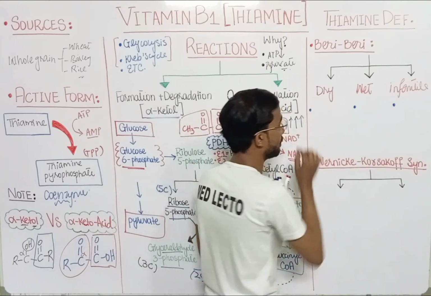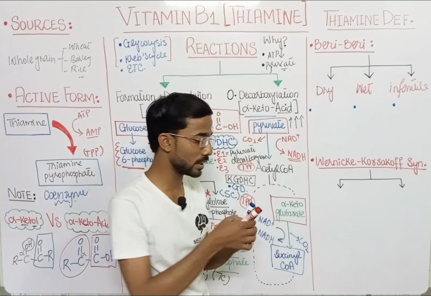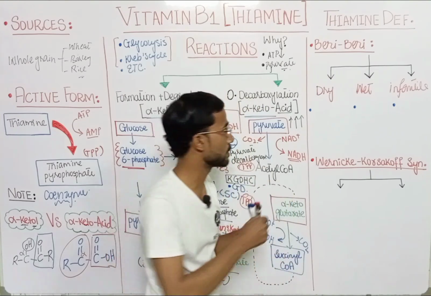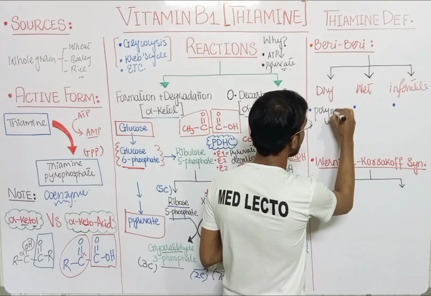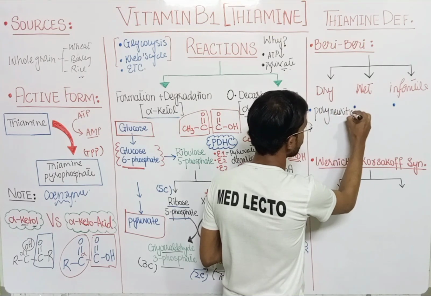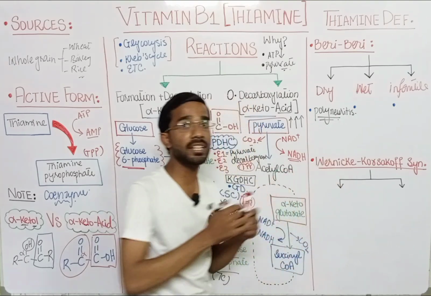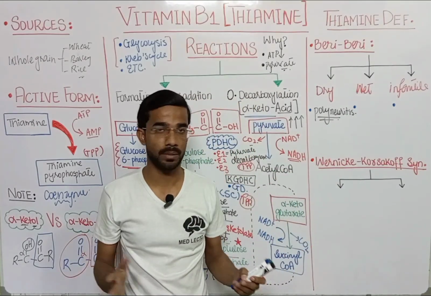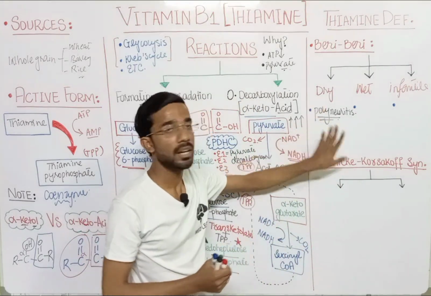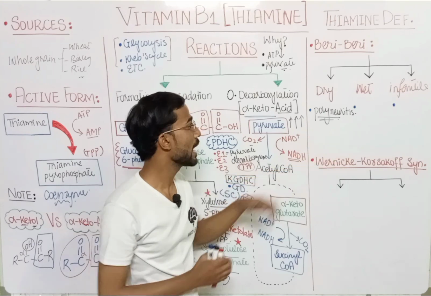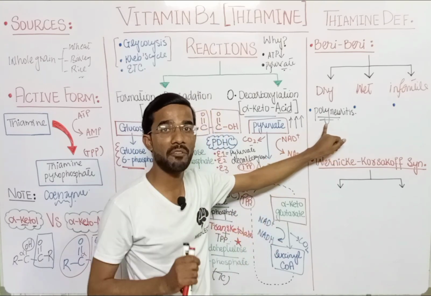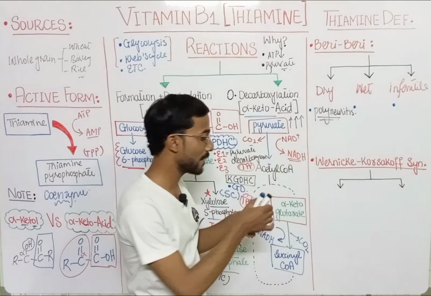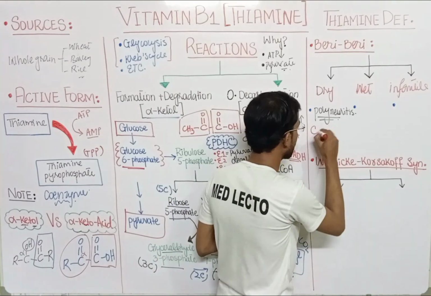In dry Beri Beri, the most important thing is polyneuritis. This is a disorder of the peripheral nerves. The most affected muscles in dry Beri Beri are the calf muscles.